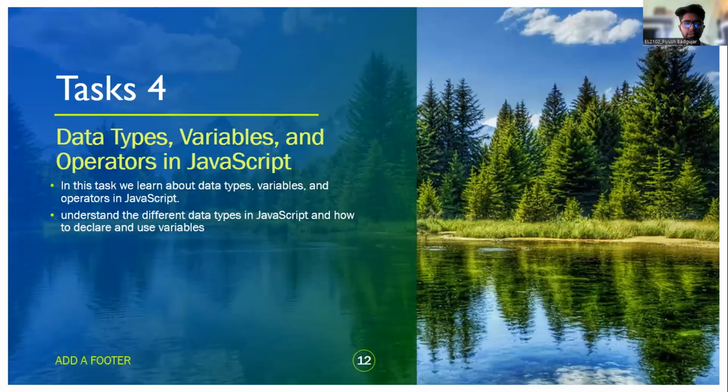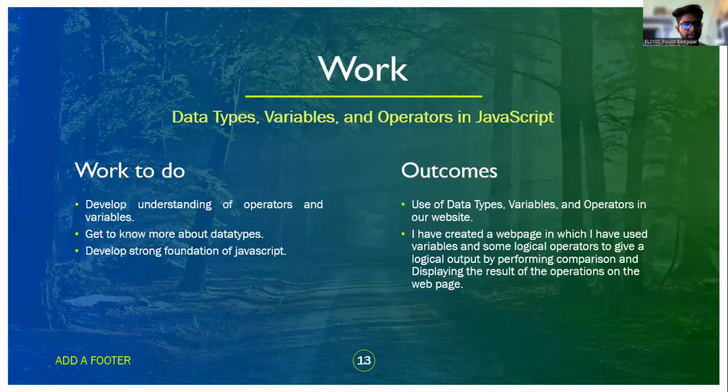In this task, we can learn about the variable operators used in JavaScript. I have used logical operators and arithmetic operators to perform the variable task, like simple addition, subtraction, multiplication, or and and like that. So I developed an understanding of operators and variables, got to know more about data types, and developed a strong foundation in JavaScript.